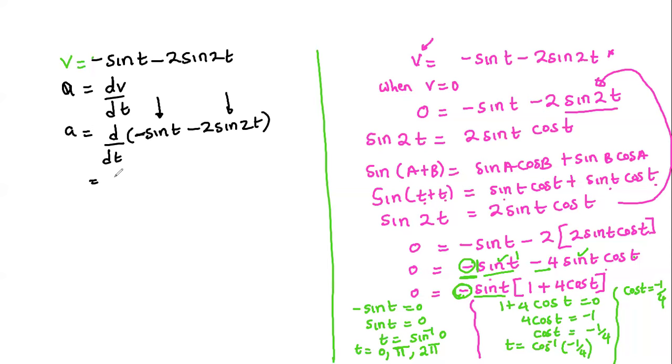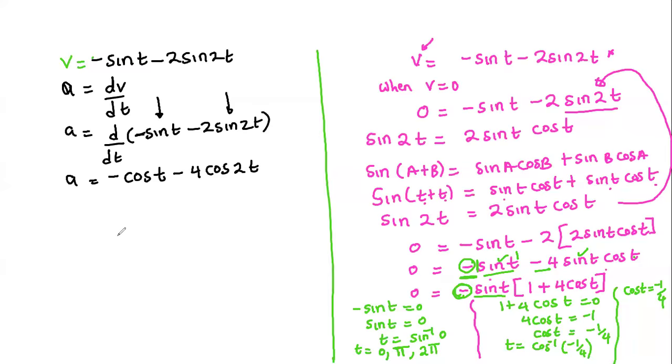It doesn't disappear, does it? Okay, so what shall we have? Negative cos t, minus 4 cos 2t. Thank you, Ruth.